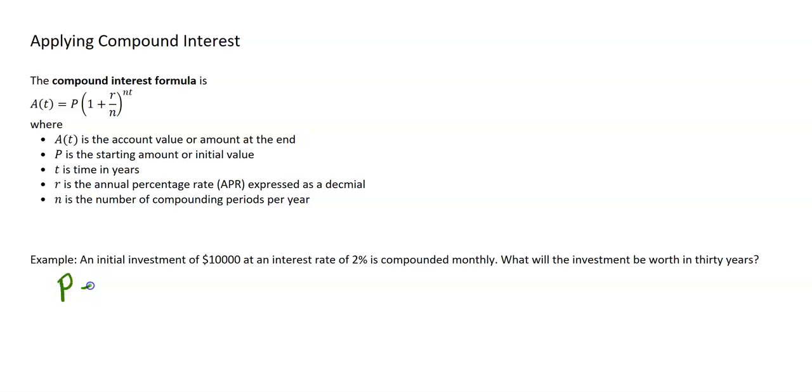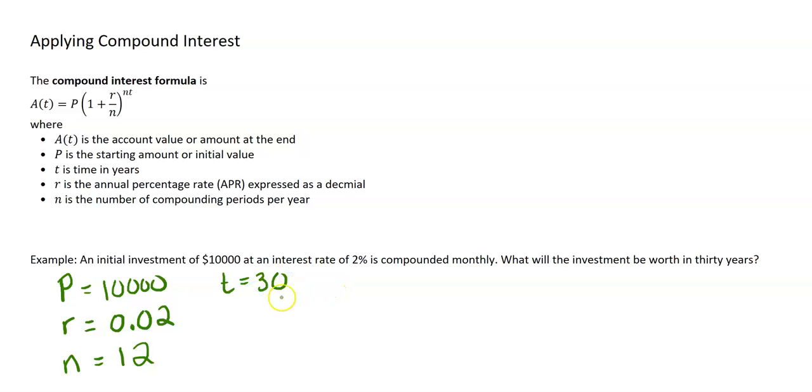The initial investment is $10,000. R, the interest rate, is 0.02. N, it says compounded monthly, so that's 12 times a year. And then they're telling me t is going to be 30 years.